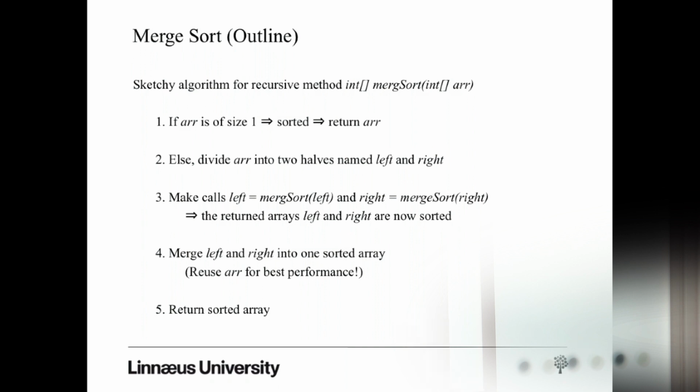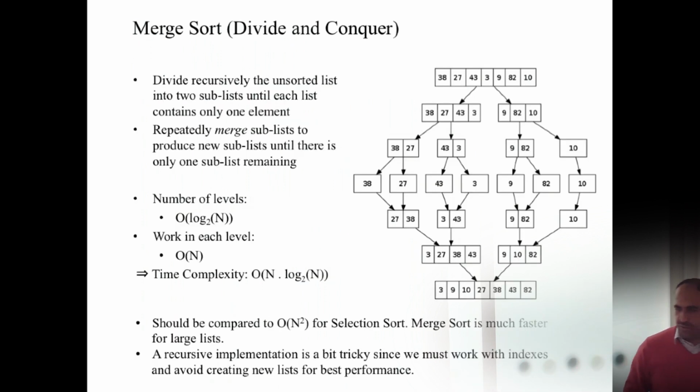However, a problem with this kind of algorithm is that if you do not reuse the array that you pass, and every time you create a new array, then it will take more memory, so space will be more.